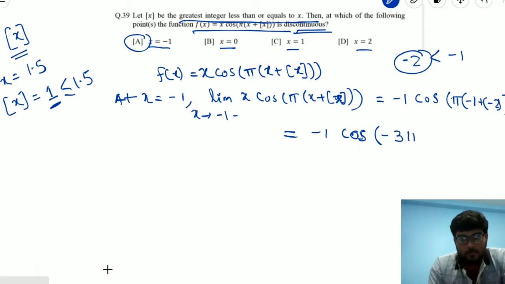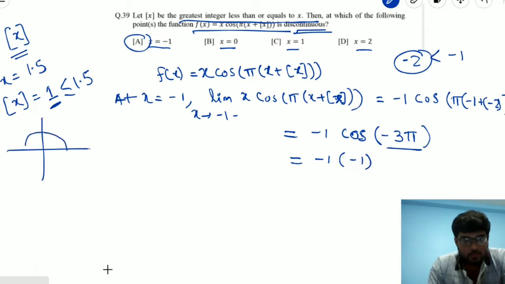So this ultimately gives us minus 1 into cos(-3 pi). The value of cos(-3 pi), with minus 3 pi being a clockwise rotation, minus pi and again minus pi, is minus 1.